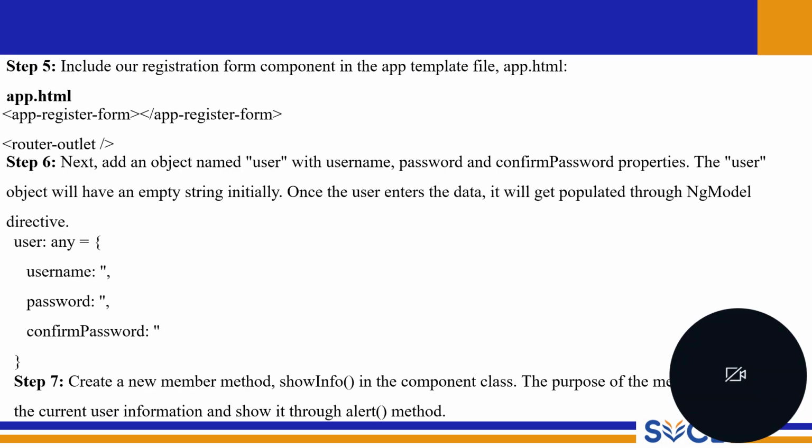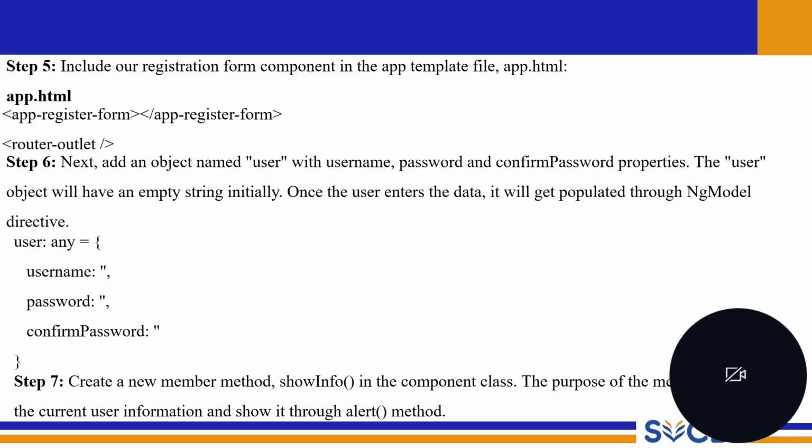In step 5, include our registration form component in the app template file, app.html. In step 6, add an object named user with the username, password and confirm password properties. The user object will have empty strings initially. Once the user enters the data, it will get populated through the ngModel directive.